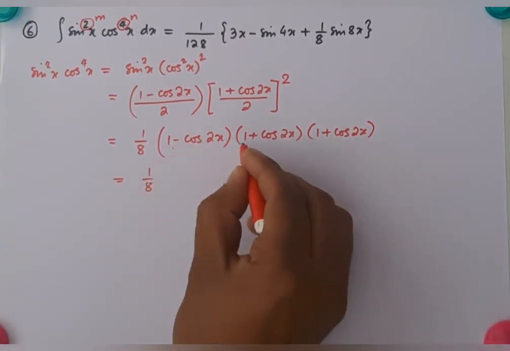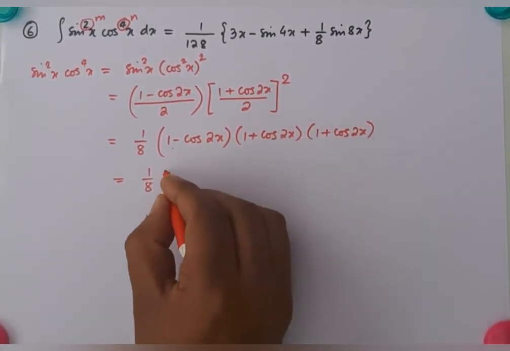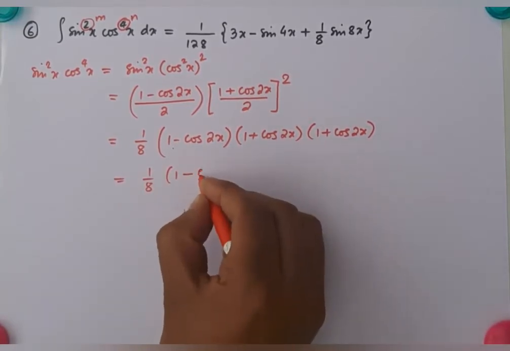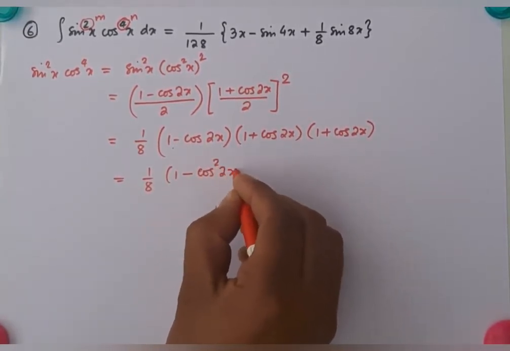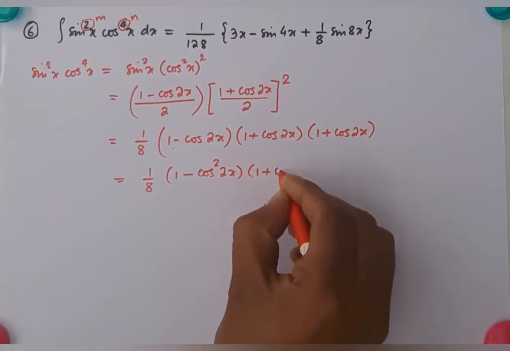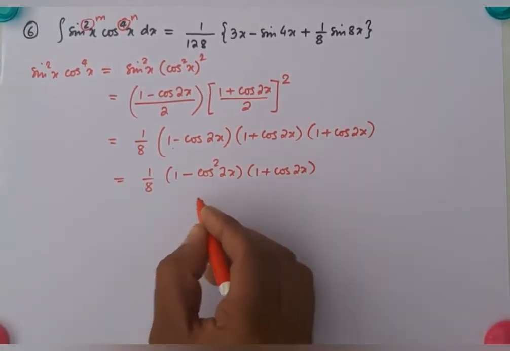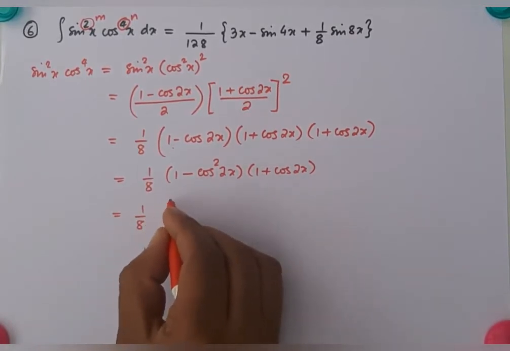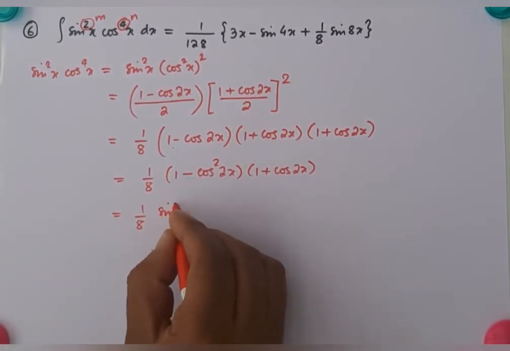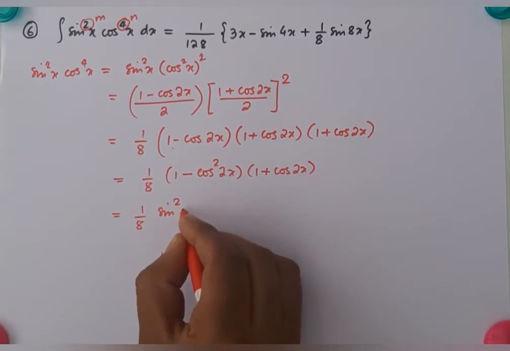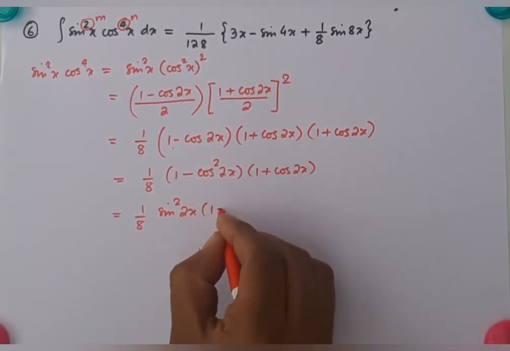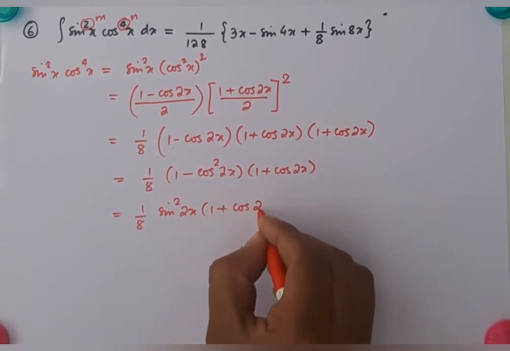So this (a minus b) into (a plus b) gives you a square minus b square, that is cos square 2x, and we have (1 plus cos 2x) with us. Okay, so this becomes sin square 2x into (1 plus cos 2x).